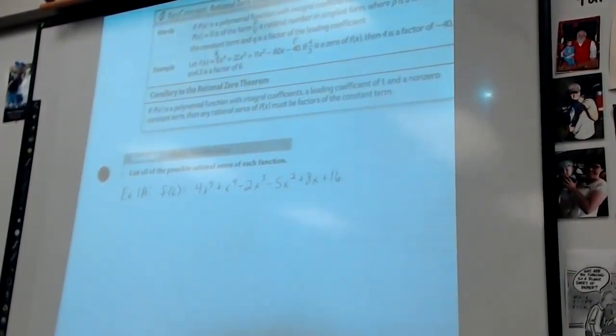We want to find all the possible rational zeros. Now, rational doesn't include imaginary, and it doesn't include zeros that have square root answers. It only includes fractions and integers, both positive and negative. But those are the ones that we try when we do synthetic division anyway, right?